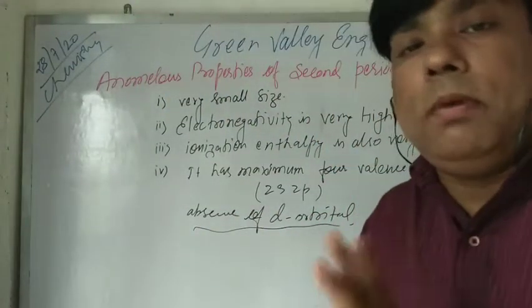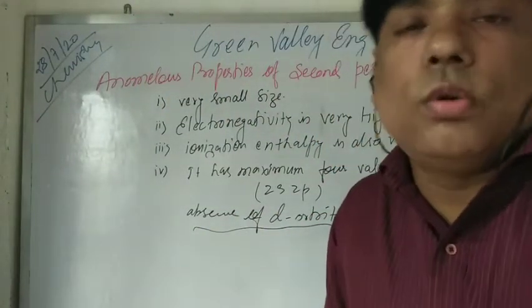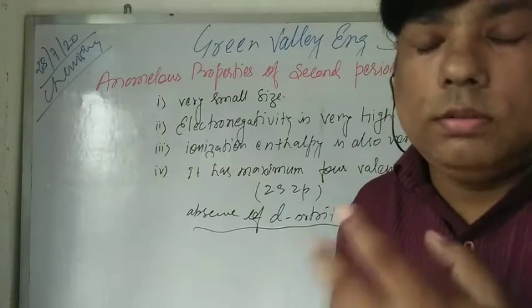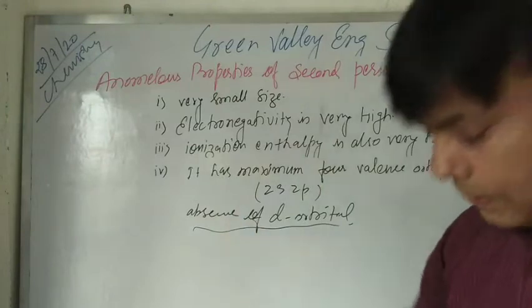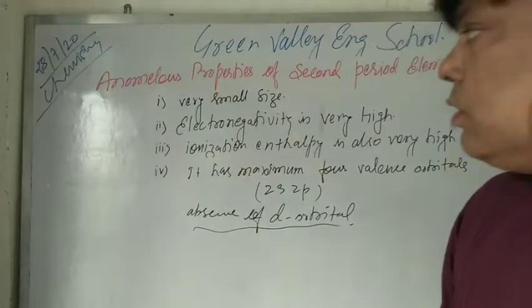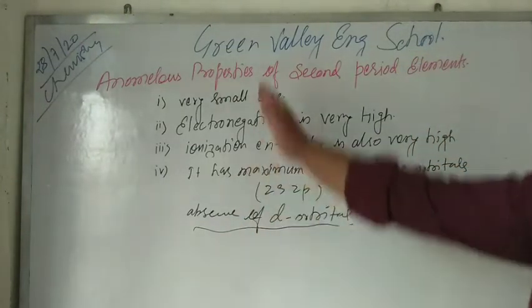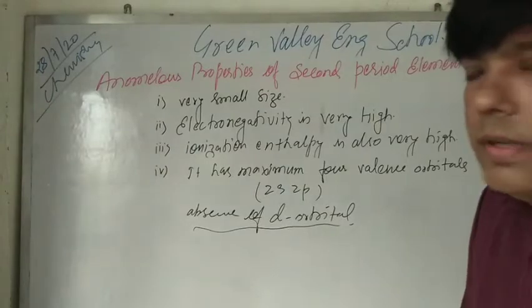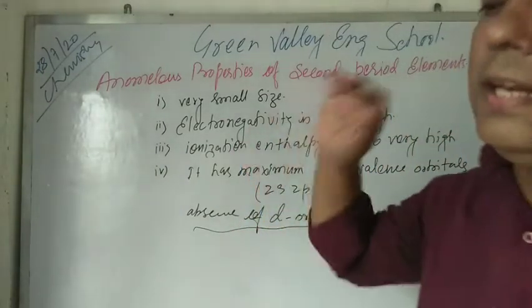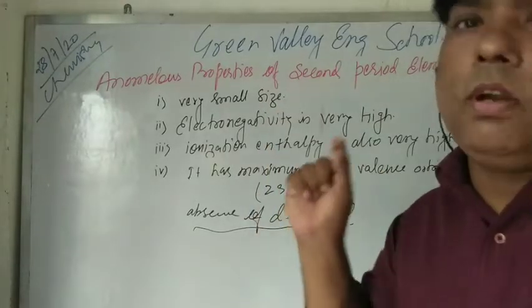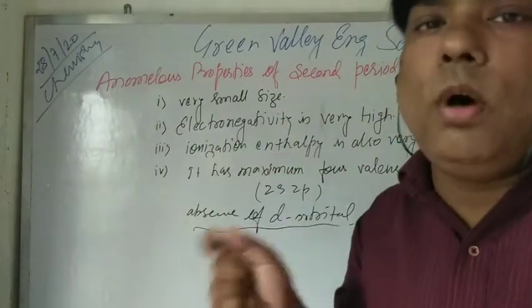So first member of each and every group shows anomalous behavior, especially in S and P block elements. So these are four points. In case of any group, first member of that group is very small in size.